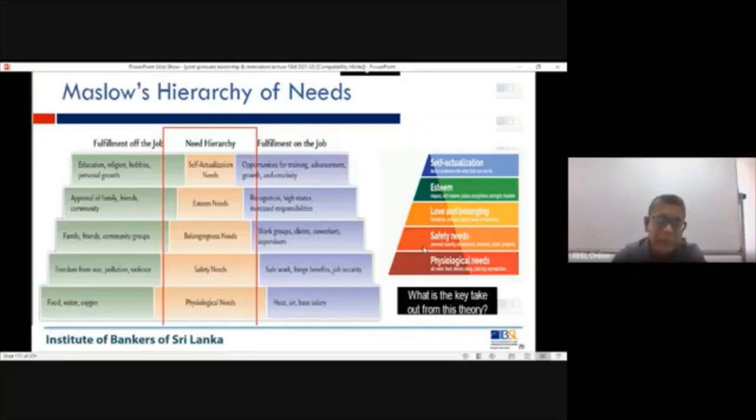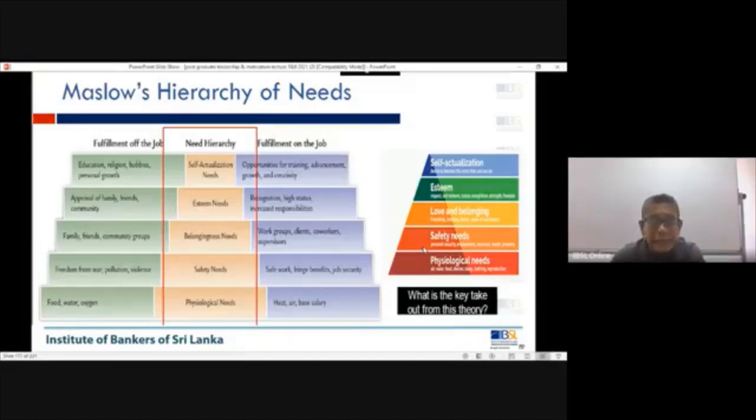How do organizations satisfy physiological needs? They may consider the basic salary.